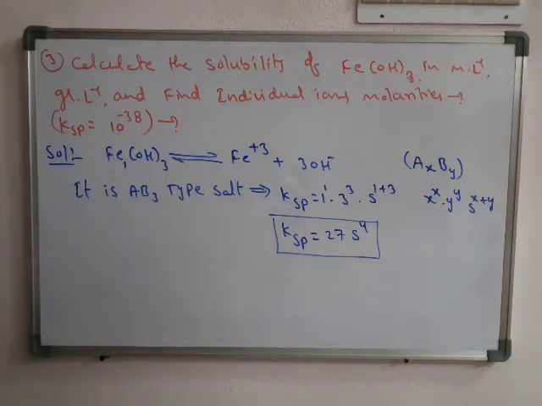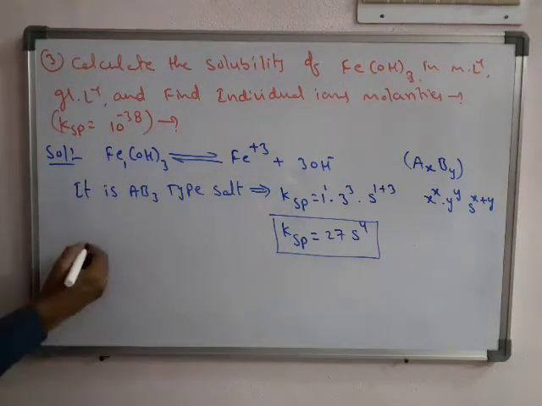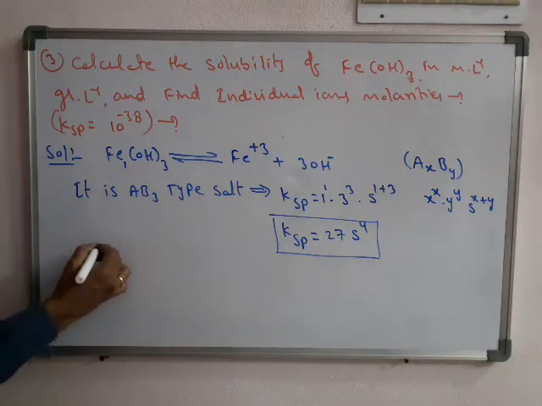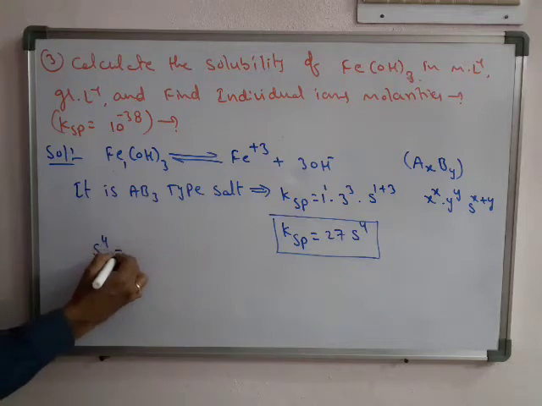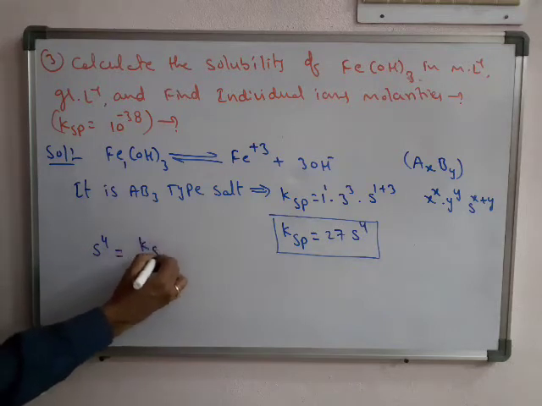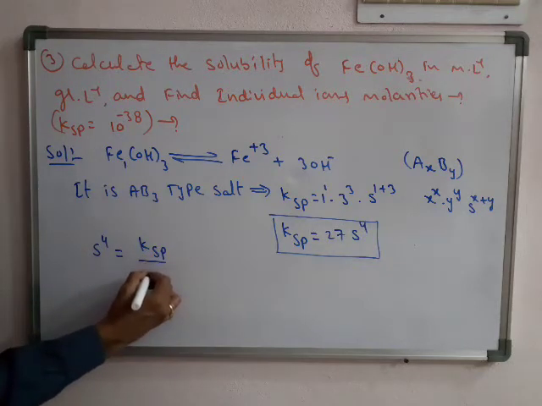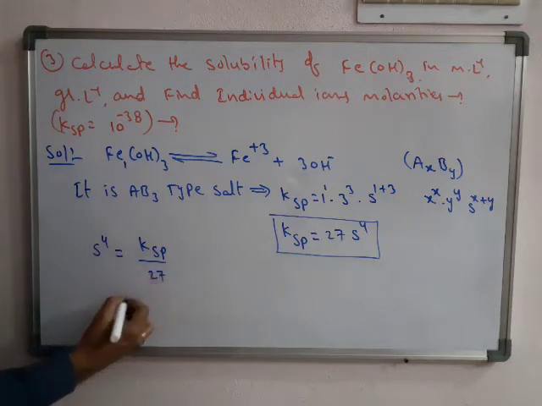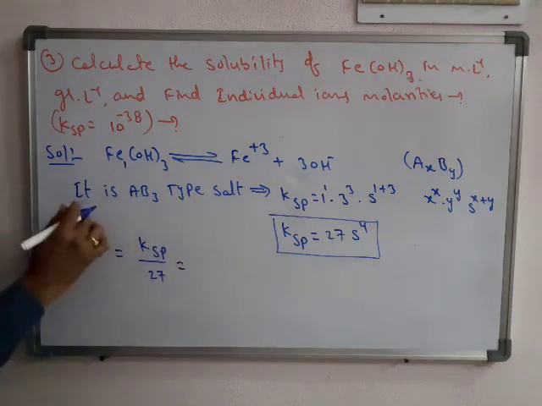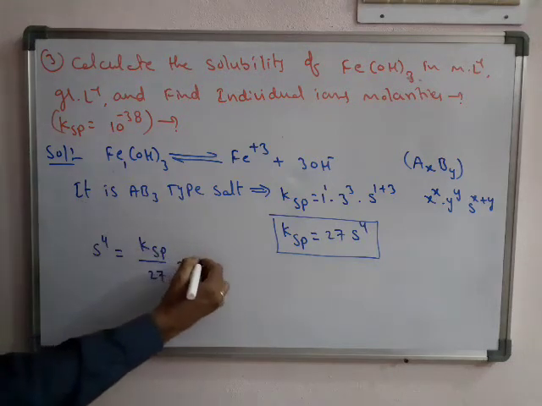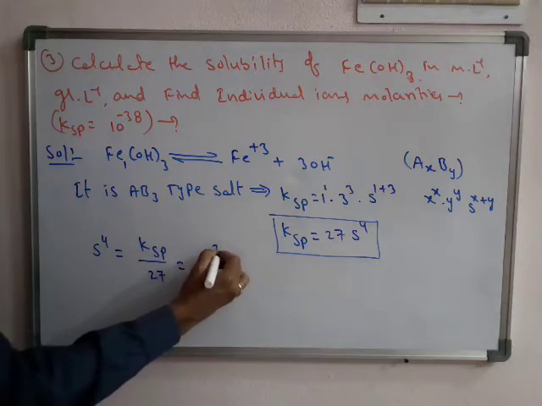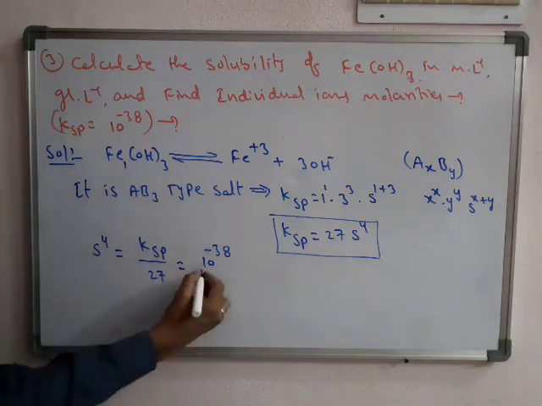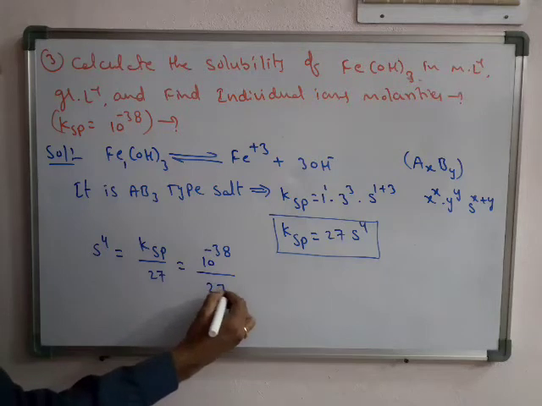So for this type of salts, as you know the Ksp value, what is s^4? s^4 is equal to Ksp by 27. So that is equal to how much? 10^-38 by 27.